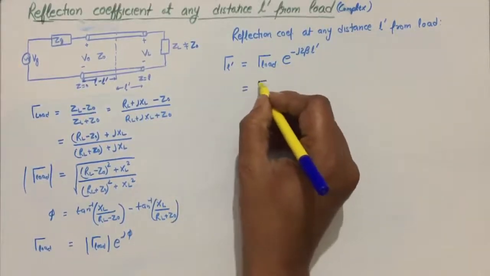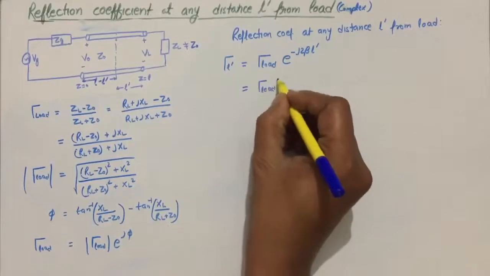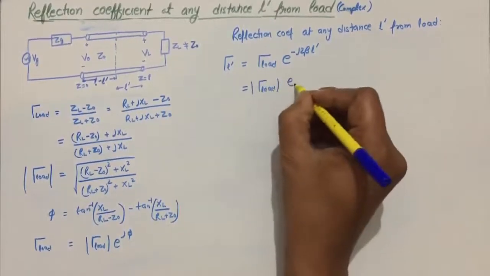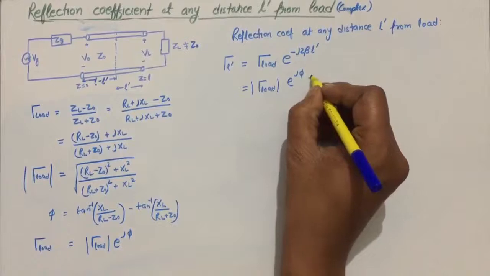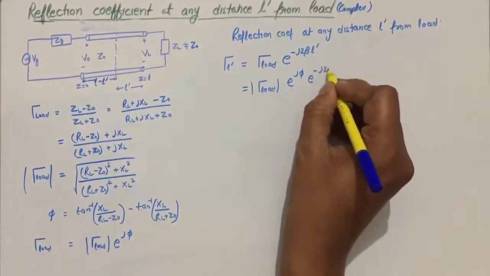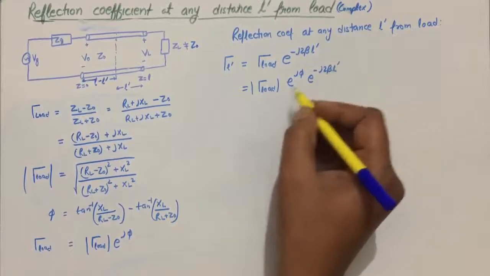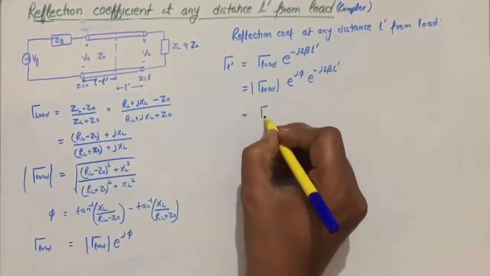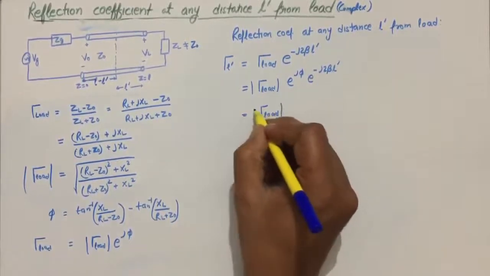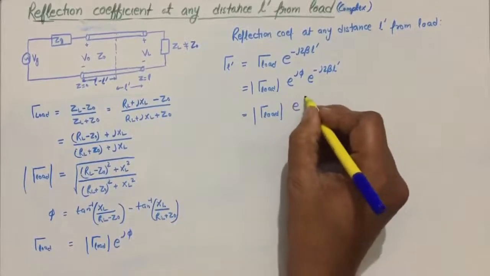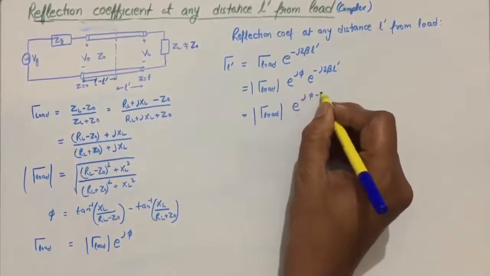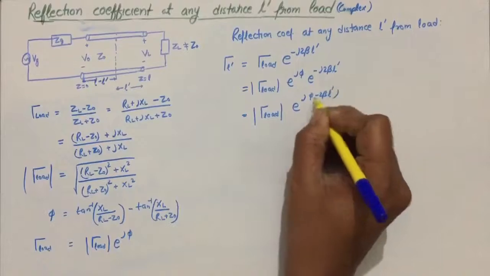So it will be gamma load magnitude times e to the power j phi times e to the power minus j 2 beta L dash, and after further simplification, the magnitude of this with e to the power j phi minus 2 beta L dash.